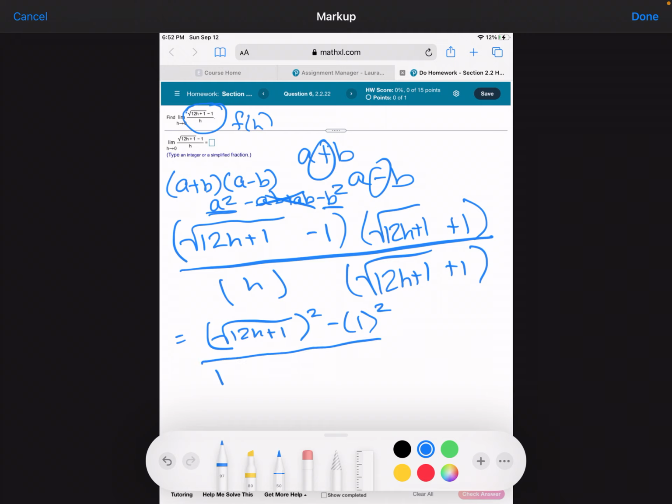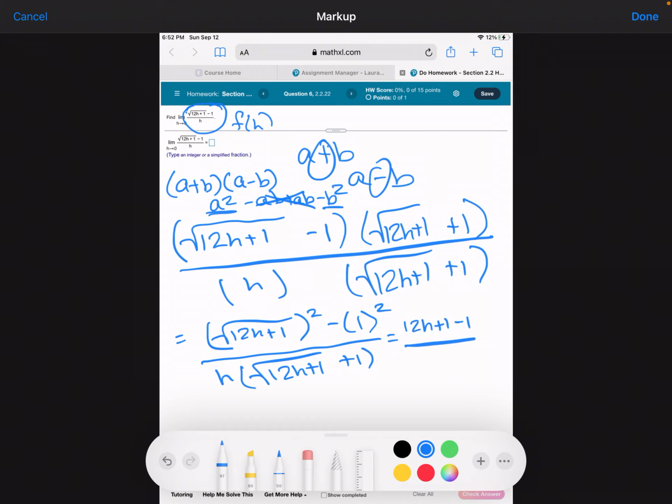On the bottom, I am not going to multiply this out. Remember, the hope is that the h goes away. When you square a square root, you essentially get the inside, because they are inverses of each other.